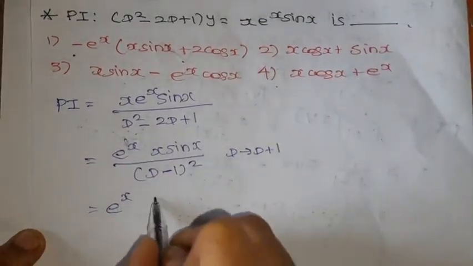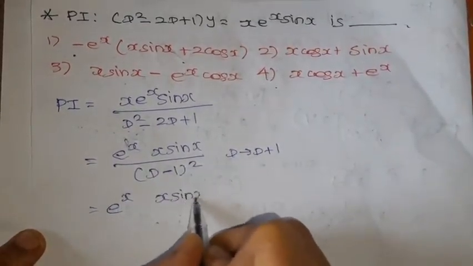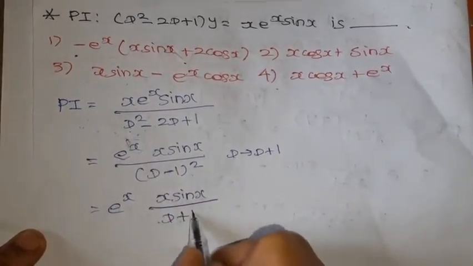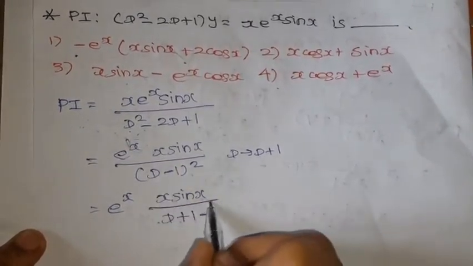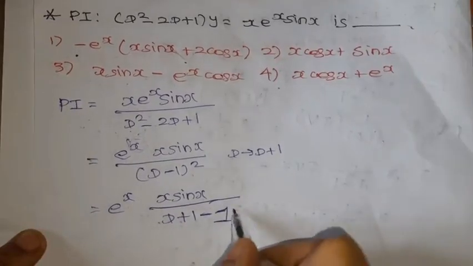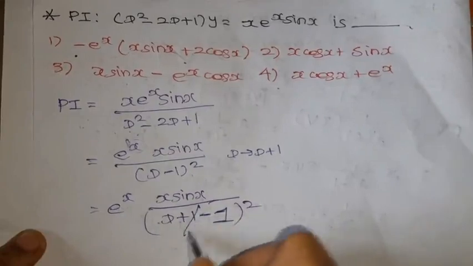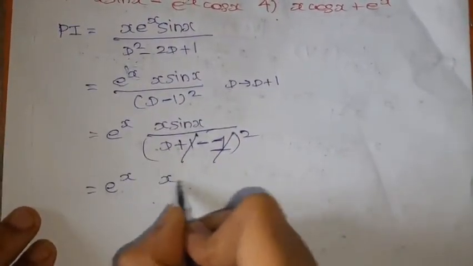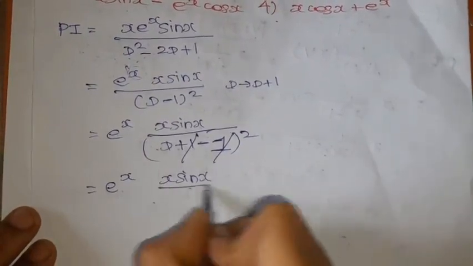Replace D by D plus 1 in the denominator. So what we will get? D plus 1 minus 1 the whole square. So plus 1 minus 1 get cancelled. What we will get? E power x x sin x divided by D squared.